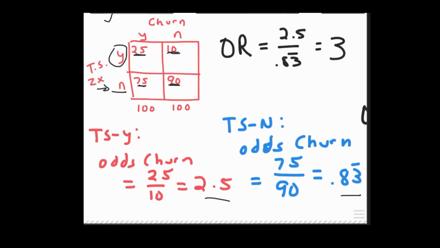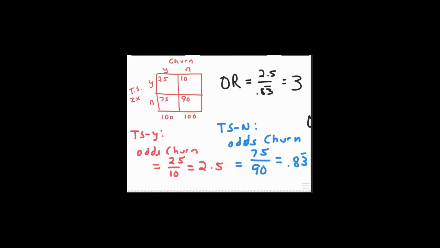So we can't make a causal relationship, but we can say that's big enough for us to pay attention to, if the odds in one group of churning are 3 times what they are for another group. And so if we're trying to retain customers, maybe we provide some incentive for these people to stay. Maybe $10 off your next bill or something like that.